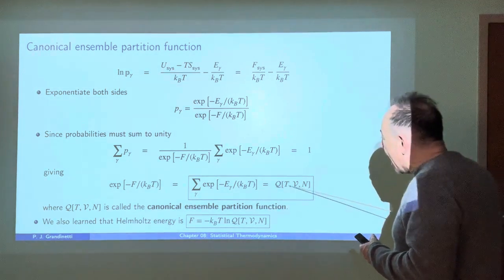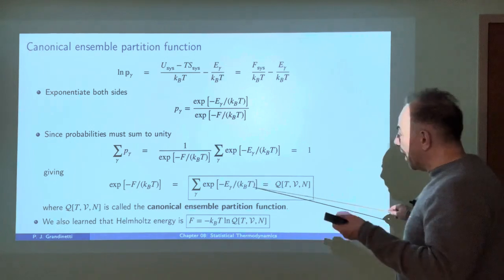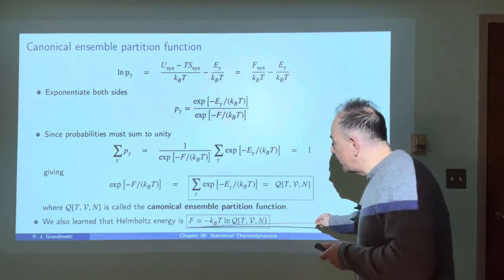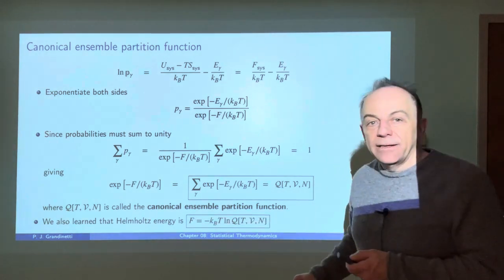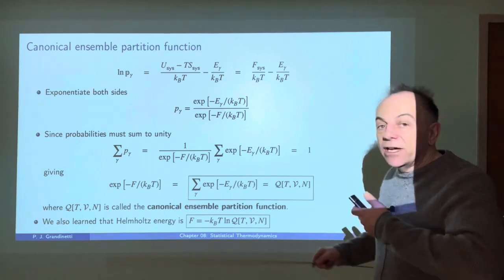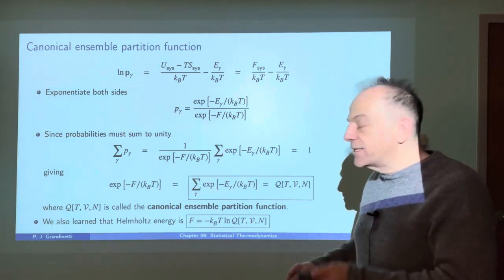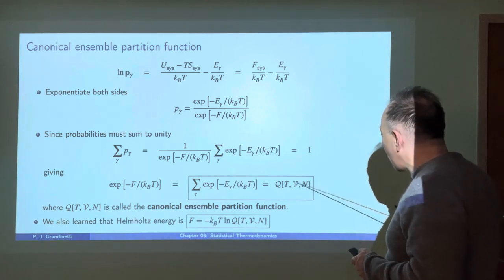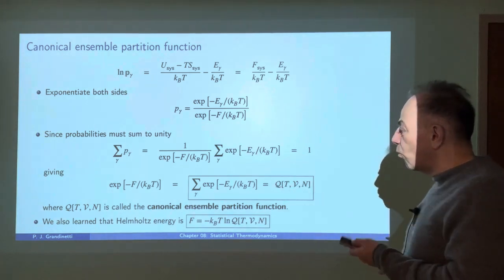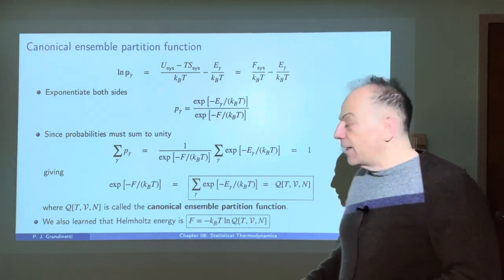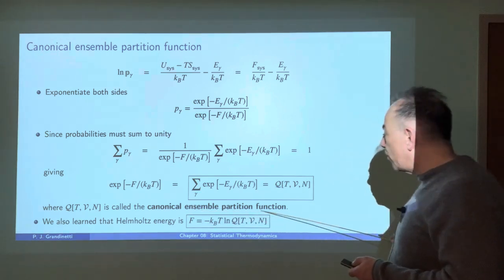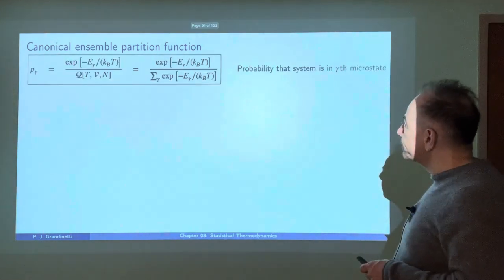And from that summation at the microscopic picture, we predict the macroscopic Helmholtz energy. And we can do this with other types of energies and other thermodynamic properties, all derived from this one function, which we call in statistical mechanics the partition function. In this case, the canonical ensemble partition function.